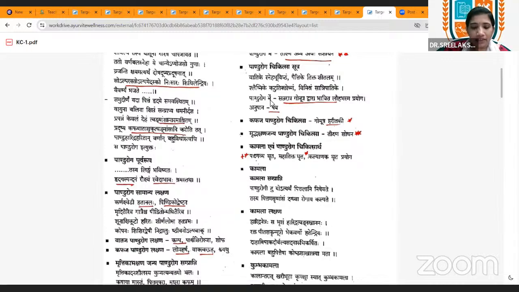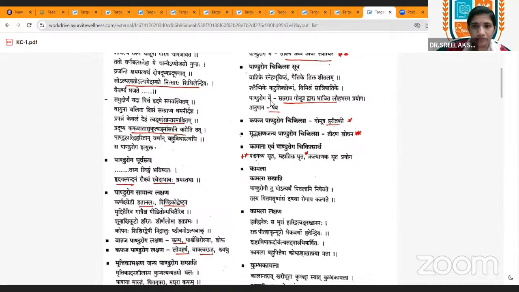Okay, and here the Svedana Karma is contraindicated, and we can advise this Shodhana Chikitsa in Pandu Roga. The main complication of Pandu Roga is Shotha. Okay, Shotha is the main complication of Pandu Roga.